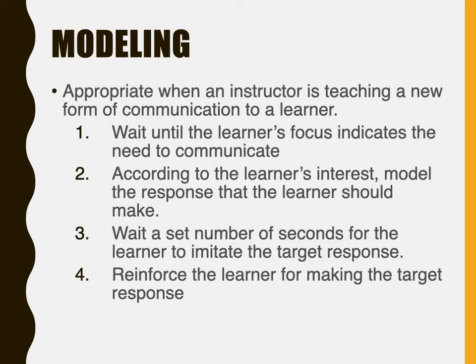Step 3, wait a set number of seconds, for example 5 seconds, for the learner to imitate the target response. Number 4, reinforce the student for making the target response. The teacher may say, "Yes, this is a ball," while handing the ball to the student.